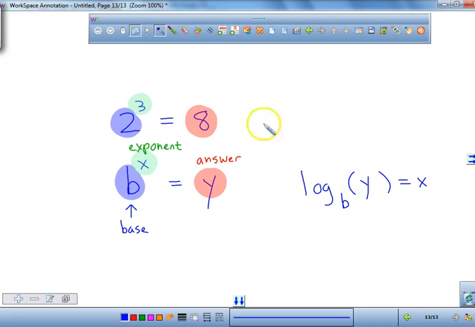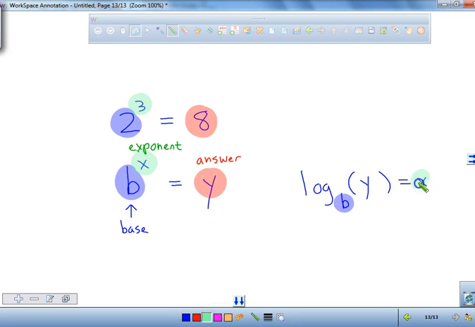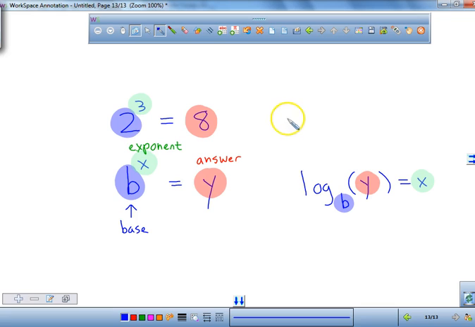So right now, if I wanted to highlight everything and plug it in exactly where it goes, and write this in logarithmic form, I'm going to write log, and what number am I going to put right here? If I look at the colors, 2.